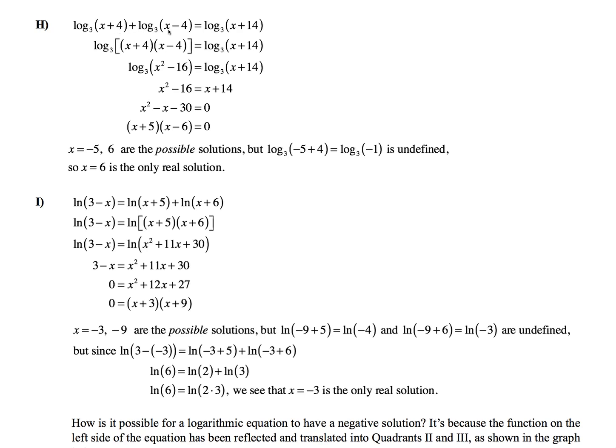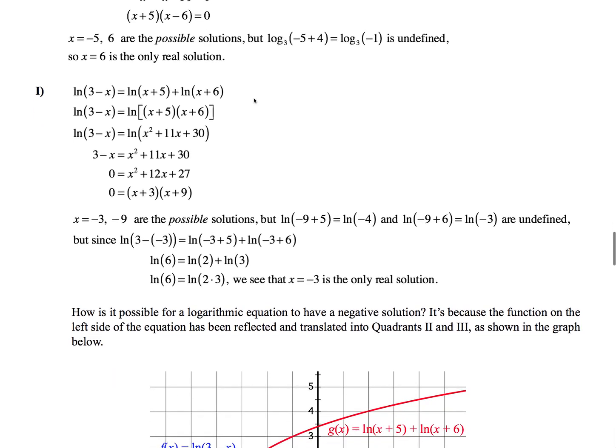And log base 3 of 10 times 2 is log base 3 of 20. If you put 6 here, you get 6 plus 14 is 20. So you have log base 3 of 20 on this side as well. And whatever that number is, that is an equality, and so that solution checks.